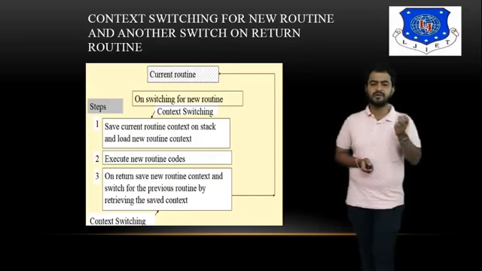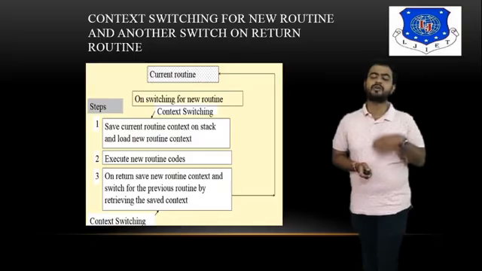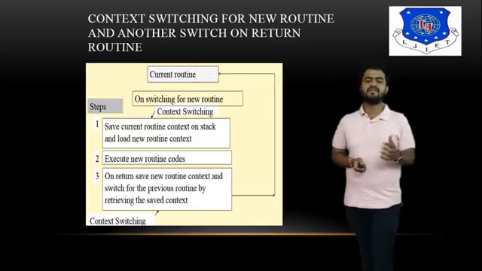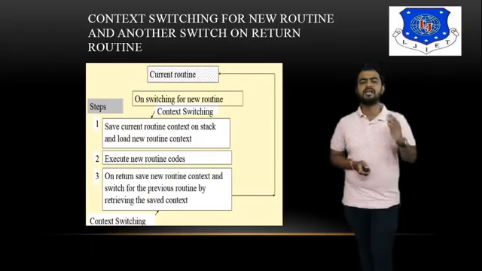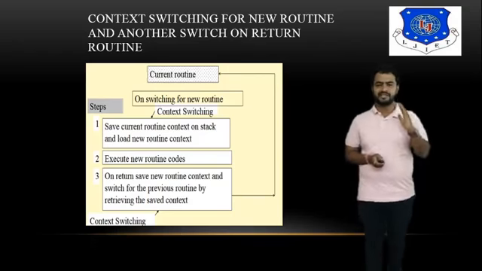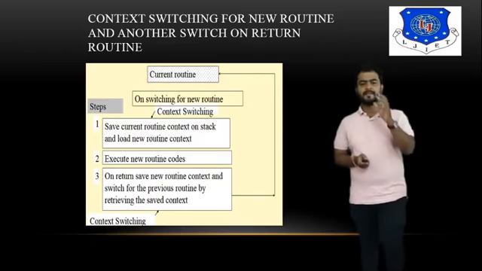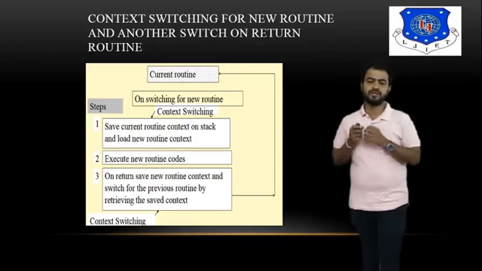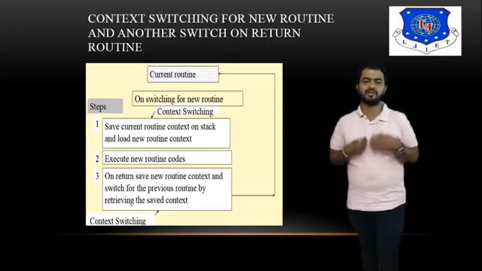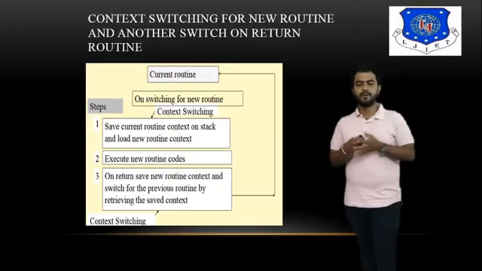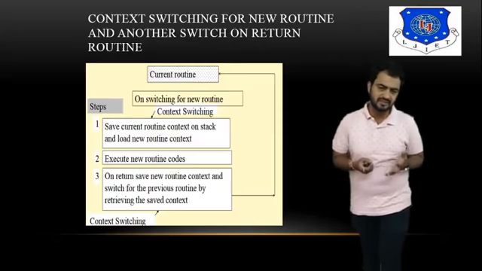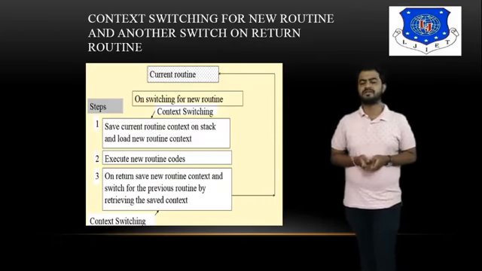On return, save the new routine context and switch to the previous routine by retrieving the saved context. So this process goes on in a similar manner in context switching. Ultimately, each and every time we have to follow this strategy: take the context, load the new routine data, execute the new routine codes, save the new routine context and switch to the previous routine by retrieving the saved context.